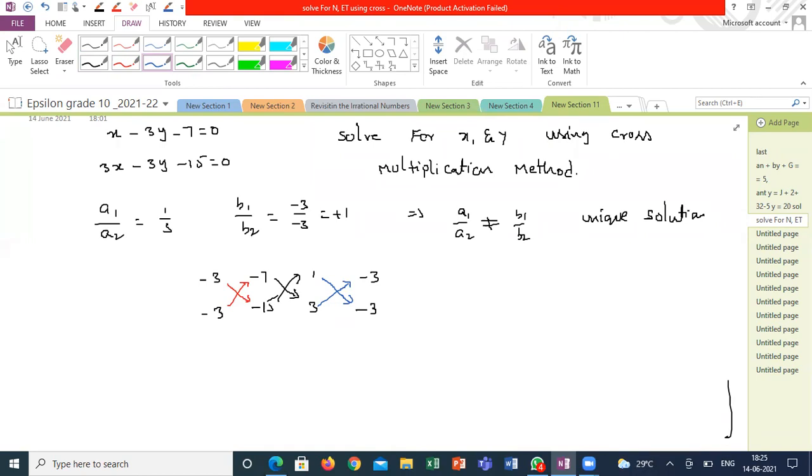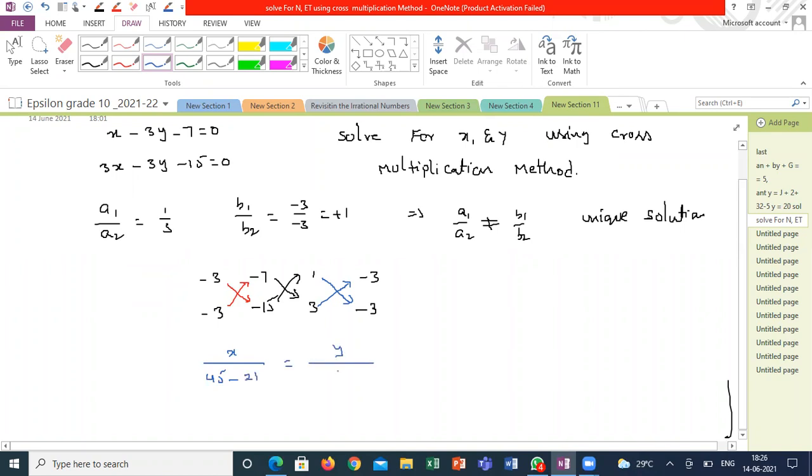Be careful, a little bit conscious when you are doing the cross multiplication, because so many signs you are getting here: -3 into -15, minus of -3 into -7, like that. So I'm getting here x divided by -3 into -15 is 45, -3 into -7 is +21.